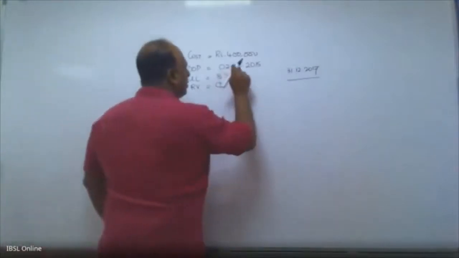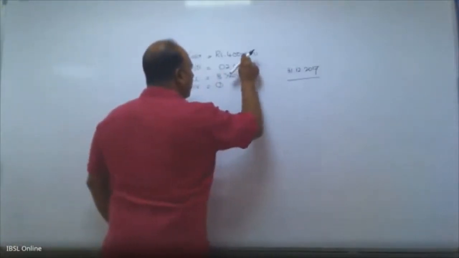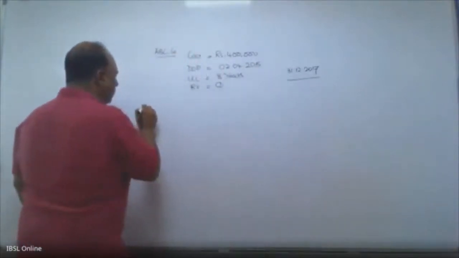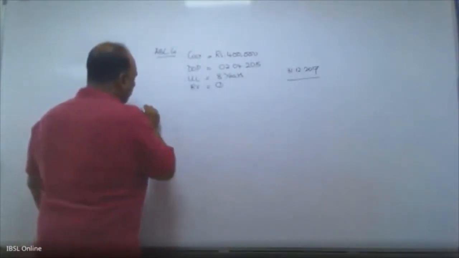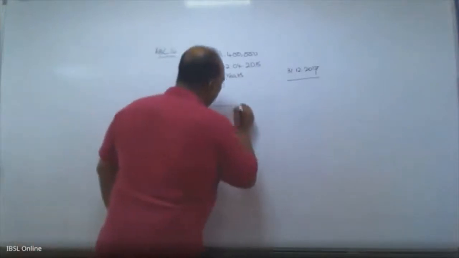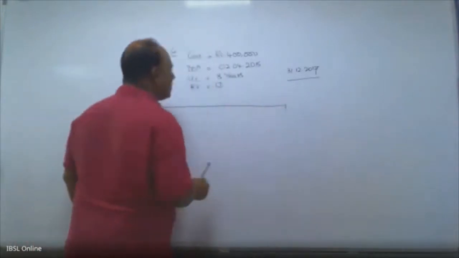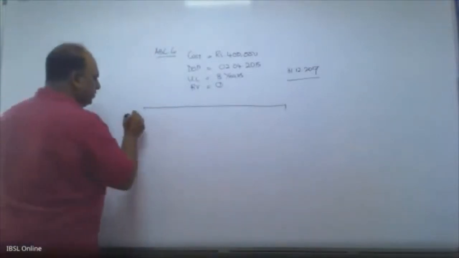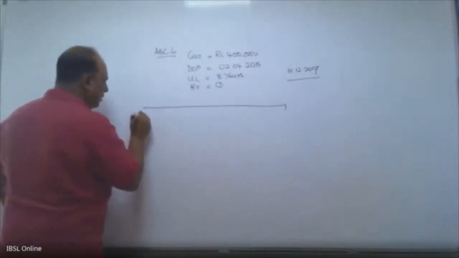Okay. Now our duty is to calculate the depreciation. Now you have to be mindful that this question is from 2015, they have purchased, and they are asking for 2017. So now if you look at what we do, we draw a timeline. We call this a timeline. Okay. How would the timeline be?